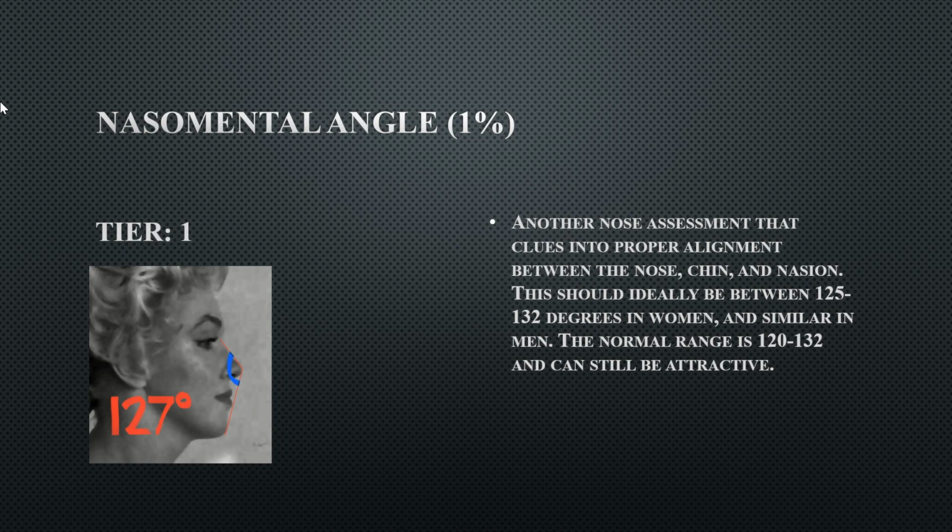And her chin passes her nasion, right? So she does not have any jaw recession. So she does have a pretty good balance between her chin and her nose. So that's how she got a tier 1 for this measurement. So her chin harmonizes well with her nose. But preferably if she had a chin that was a little bit more projected to give it a better angle for the mental labial angle, then that will also be even better for her.